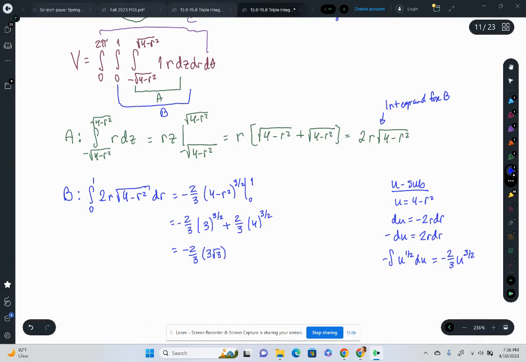And then 4 to the 3/2, the half power means take a square root. So the square root of 4 is going to be 2. 2 cubed is 8. So I get plus 2/3 times 8. And then this simplifies to give me negative 2 square root 3 plus 16 over 3. This is my integrand for c.